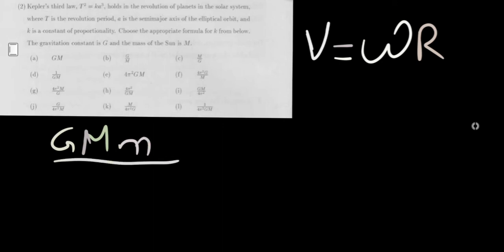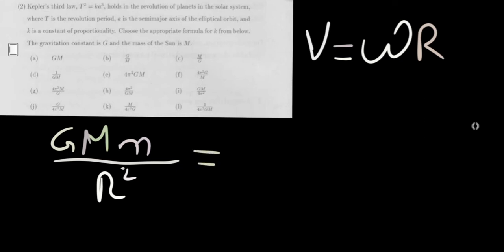The second thing is that we are going to use the centripetal force. When planets are orbiting, what you have is the gravitational force. So G big M multiplied by small m divided by r squared, right? The formula for the gravitational force.